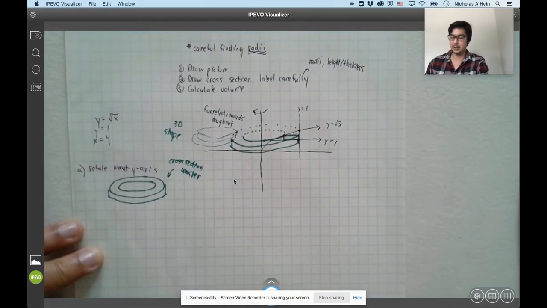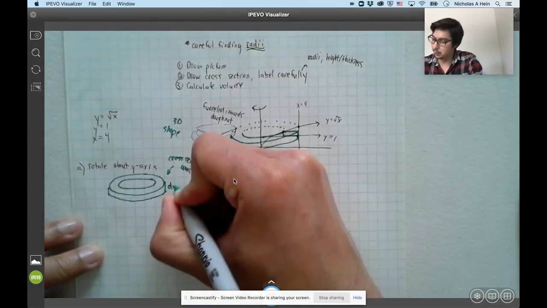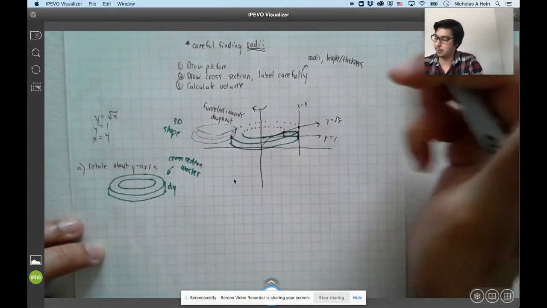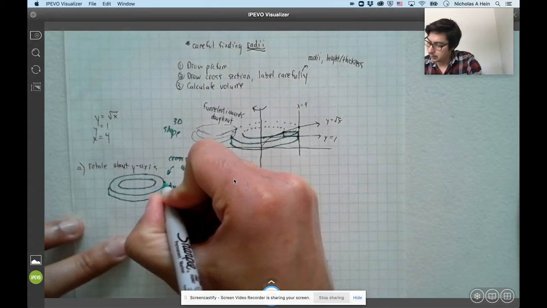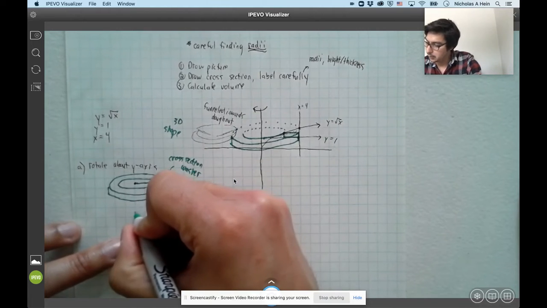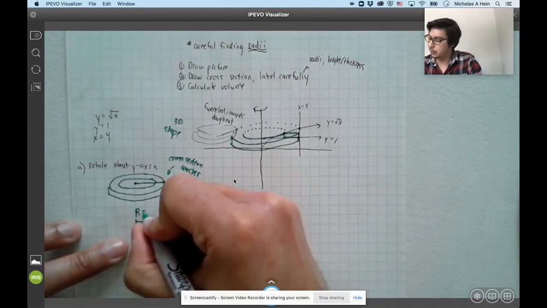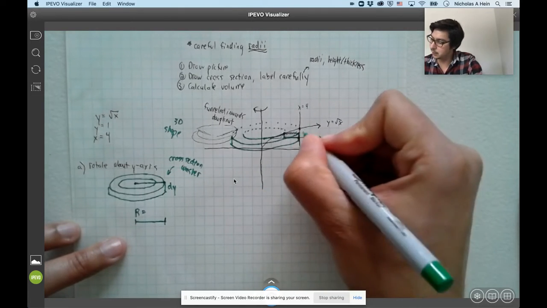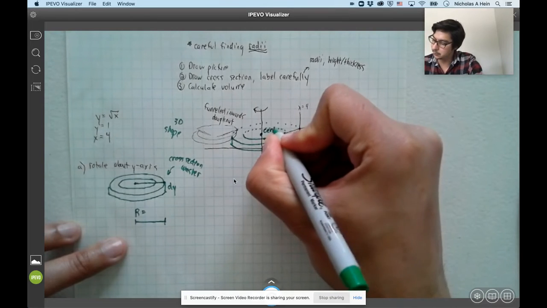Okay, so let's label it. So the thickness of this washer is going to be dy, that very small change in y as we make them infinitesimally small. Now your outer radius from here to here is equal to, well, what's the distance from this curve, which is 4, and here's your center?